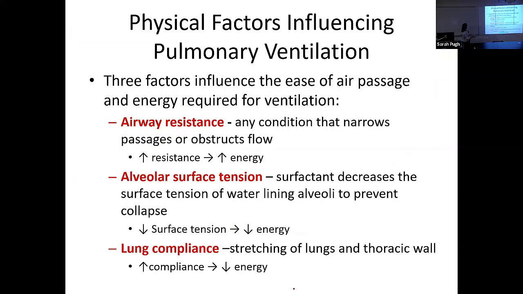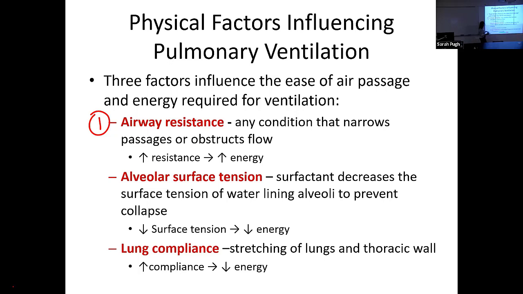Now, there are a couple of factors that will influence pulmonary ventilation. And this is basically just how easy it is to get air into and out of the lungs, the energy required for you to breathe in and out. The first one is airway resistance. Okay, the term resistance just means anything that's blocking the flow.